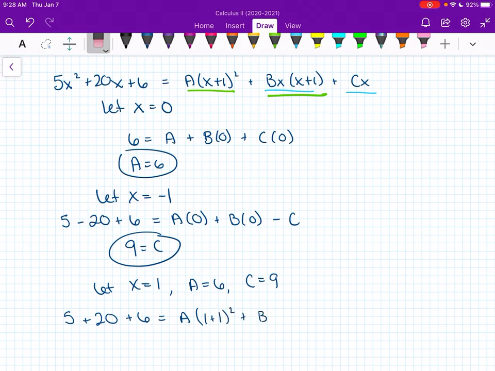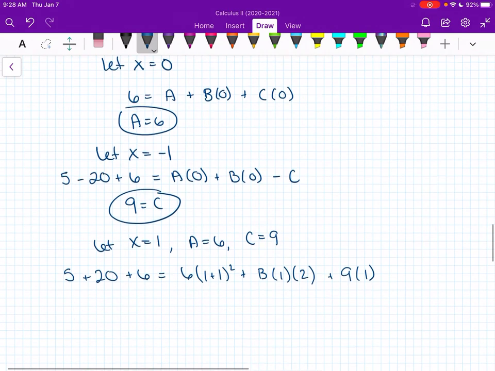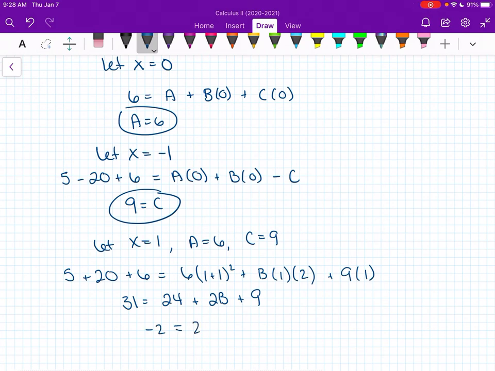Oops, a was 6, I didn't plug that in. So 6, and then b we don't know, but we're plugging in a 1, and 1 plus 1 is 2, and then I have 9 times 1. So then I get 31 equals 24 plus 2b plus 9. Solving for b, I get -2 equals 2b. So then b equals -1.